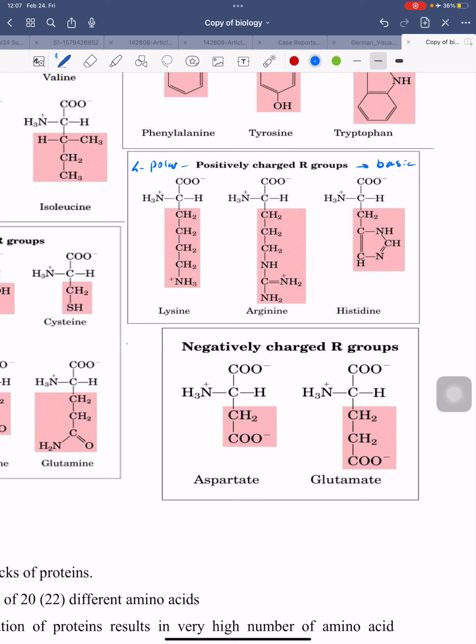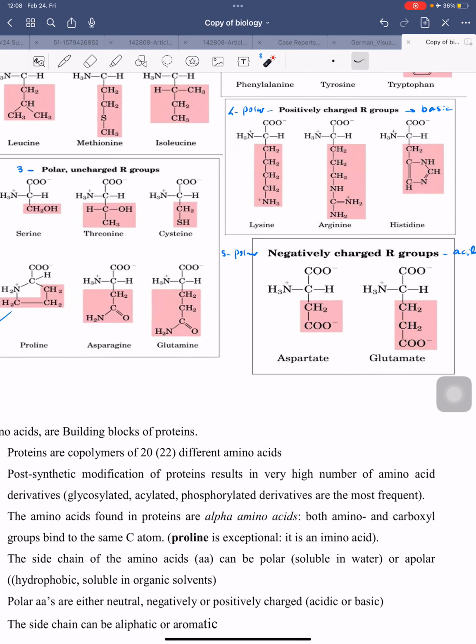The last group, the fifth, is the polar negatively charged R group, which is acidic: aspartate, which has a carboxylic acid here, and glutamate also. The acidity of aspartate is more than glutamate because of the smaller number of methylene groups.